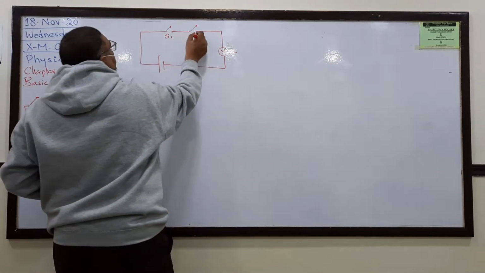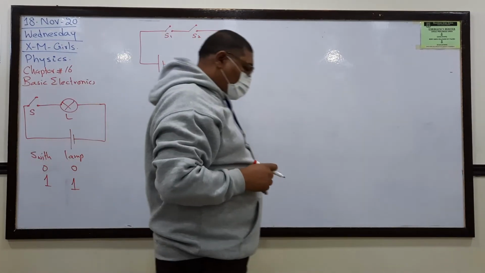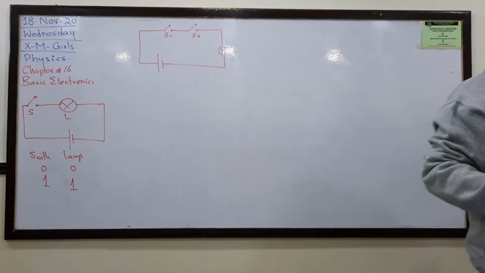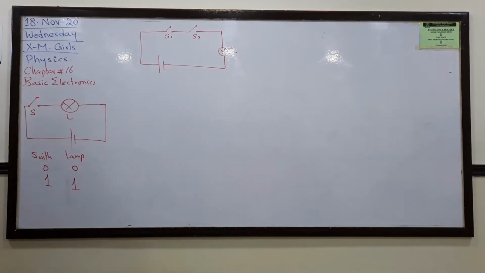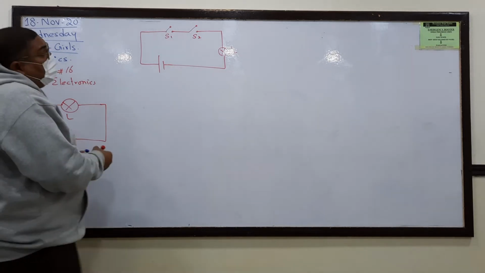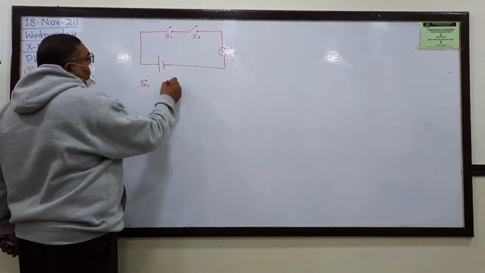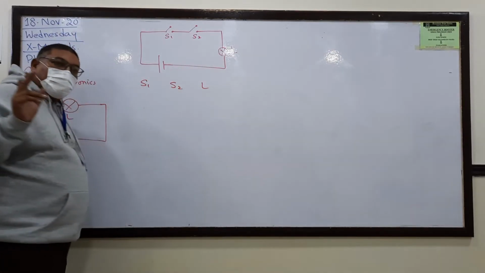This is switch number 1, this is switch number 2. Very simple. It's connected with the battery, switch number 1, switch number 2 and a lamp. Okay. So suppose this is switch number 1, switch number 2, this is the lamp.